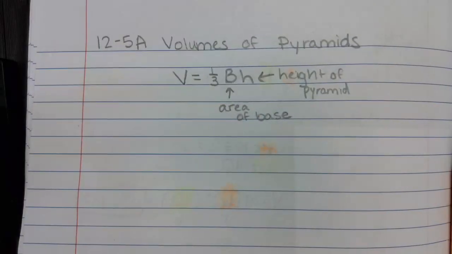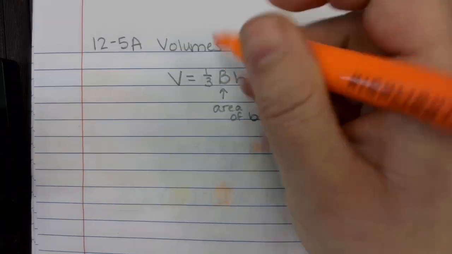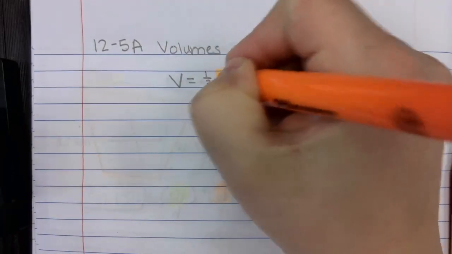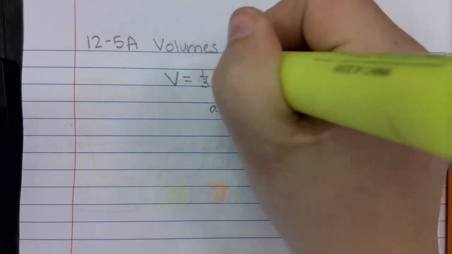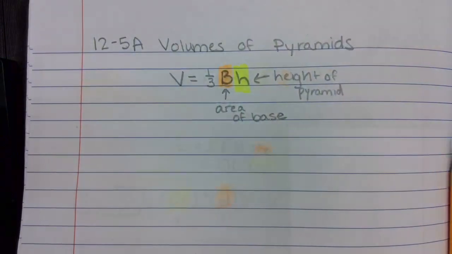Okay, I'm going to use orange for base today and yellow for height, because that is what I've been doing for almost all of these lessons. One little blue in here, and then 2 examples.